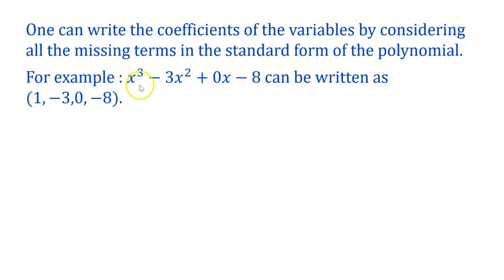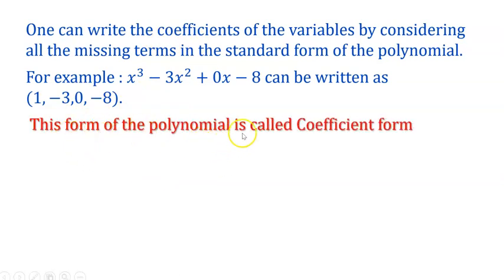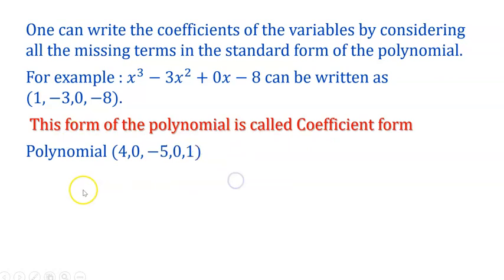Coefficient of x cube is 1, x square is minus 3, coefficient of x, this was the missing term and it is written as 0x. Its coefficient is 0 and the constant is minus 8, that is 1, minus 3, 0, minus 8. This form of the polynomial is called the coefficient form.